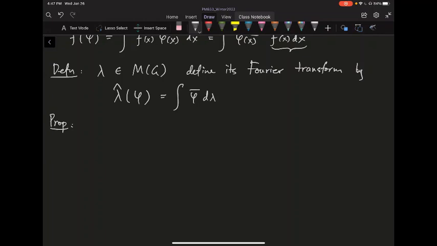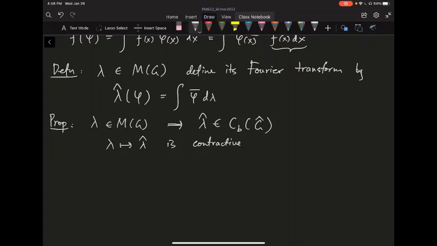We're not really using it, just some nice thing to know about. If you have lambda inside the measure space, then the Fourier transform is actually inside the continuous and bounded functions on G hat. Moreover, this map from lambda to lambda hat is contractive, by contractive I mean norm decreasing, and it's also a star homomorphism.